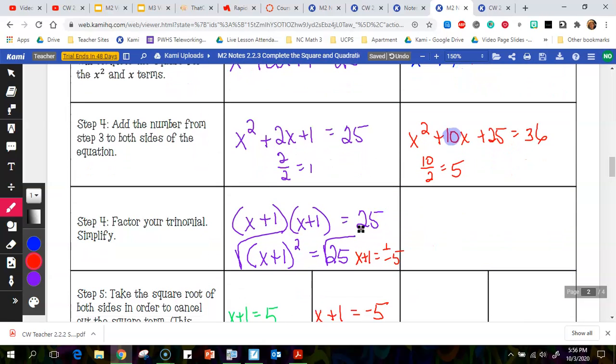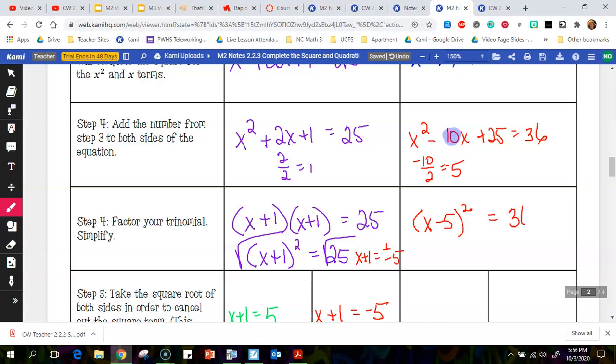No, I'm sorry, it's minus 10. Negative 10 divided by 2 is negative 5. So in my parentheses, I have x minus 5 squared equals 36.